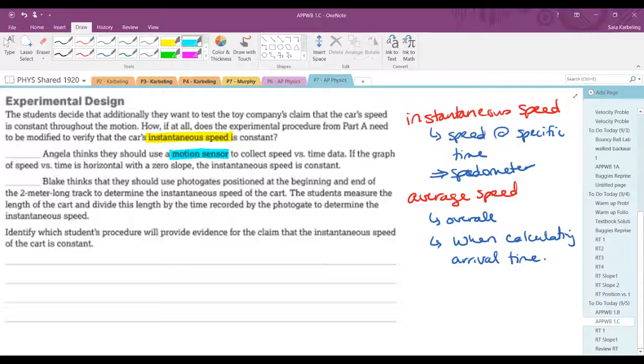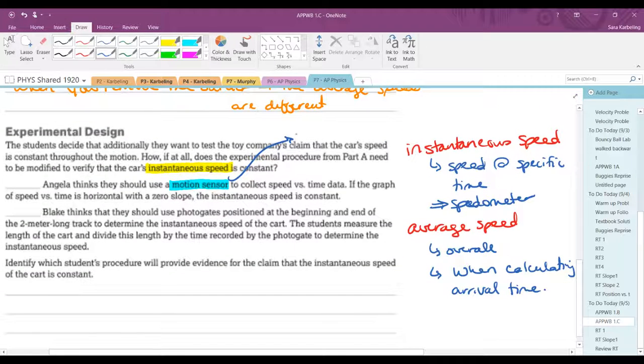A motion sensor is a little contraption that sends out sound waves, like sonar, and then it bounces off of an object and comes back. And from that, a motion sensor can determine position. I'm going to put this up here. You write this down too. It can measure position, displacement, and velocity.